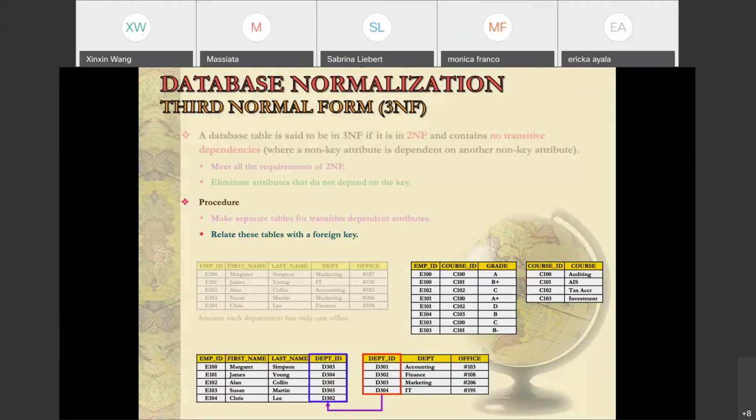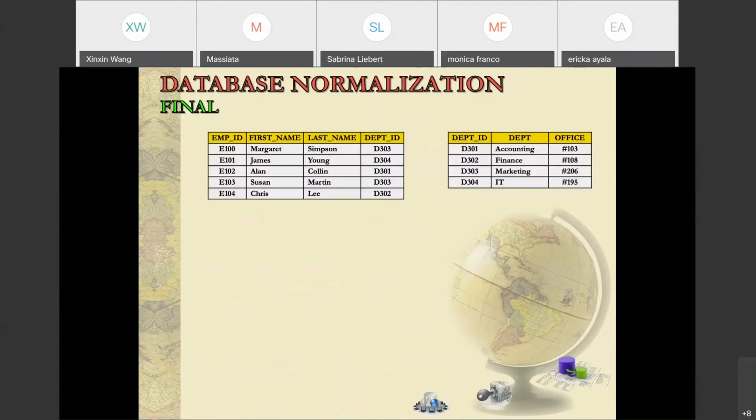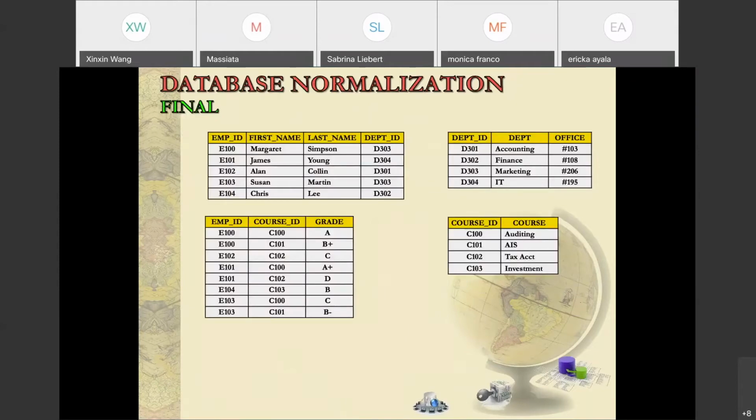We can relate these tables with a foreign key. And then the third normal form is completed. So finally, after these three steps, we get the final database normalization.